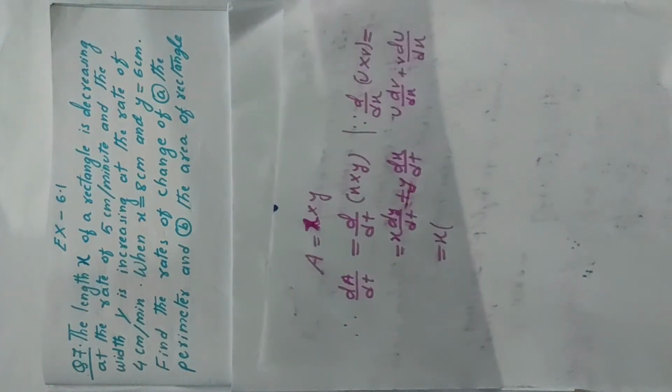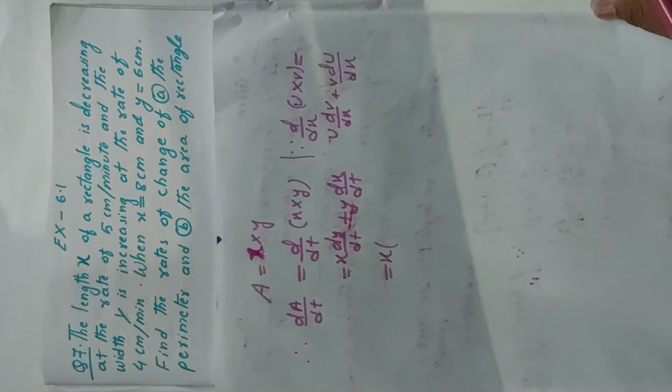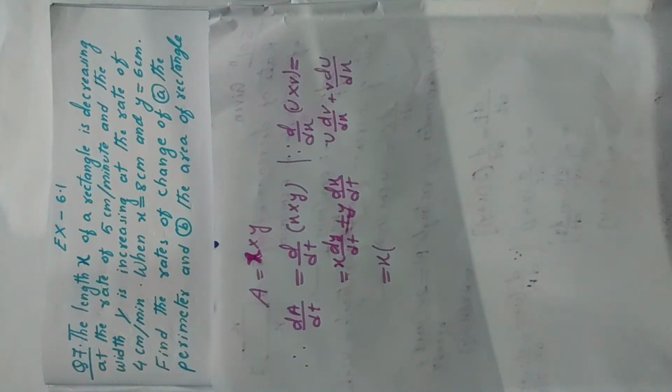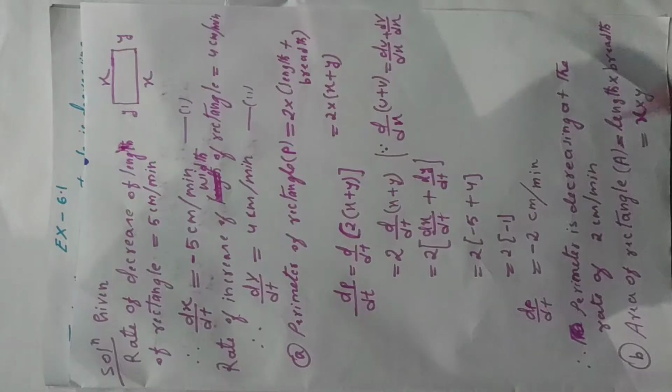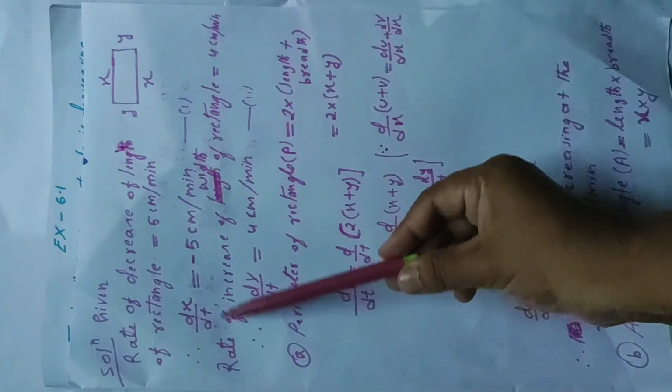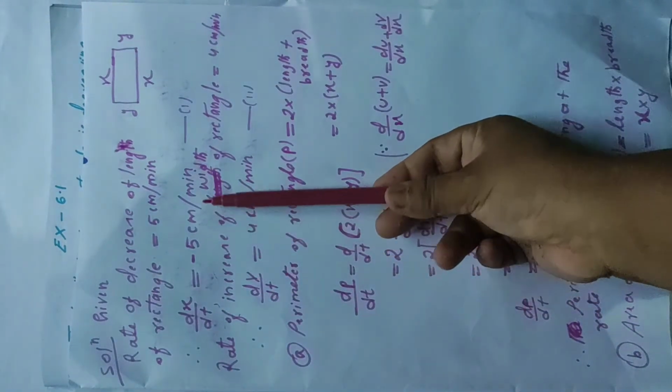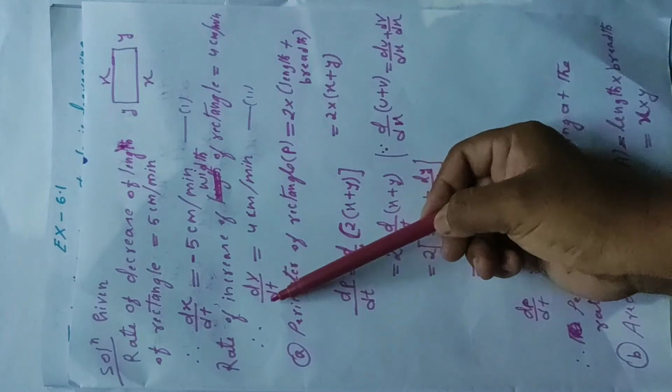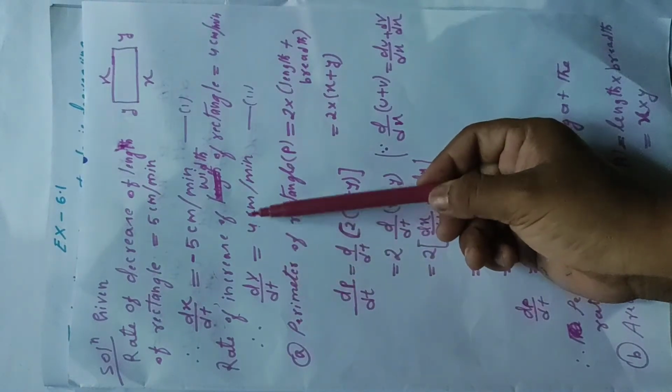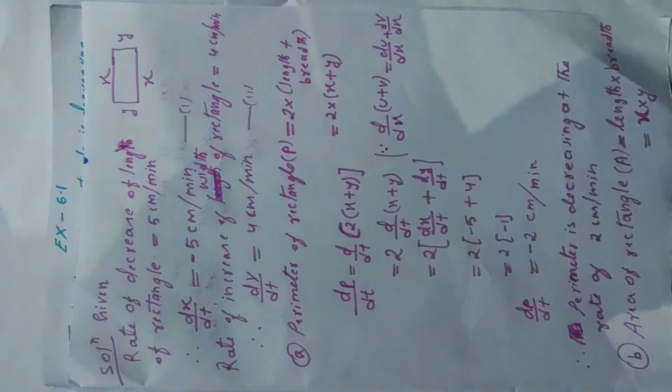From equation 1 and 2, from this one, look at here: dx/dt is minus 5 centimeter per minute, and dy/dt is 4 centimeter per minute, right?